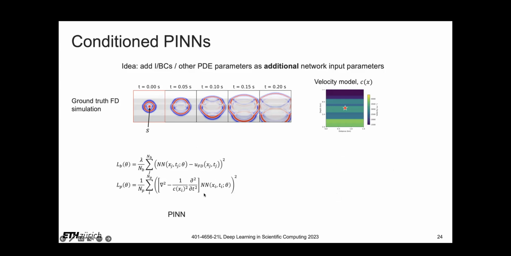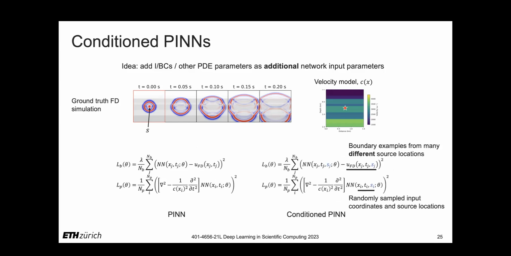Now we're going to do the same thing for the conditioned PINN, with a few key changes. The first is that the neural network is the same network, but it has this additional parameter, which is the source location. So I'm going to add the source location here and here. Then I'm also going to explicitly run an FD simulation, which has the source location labels. We're going to run many FD simulations.